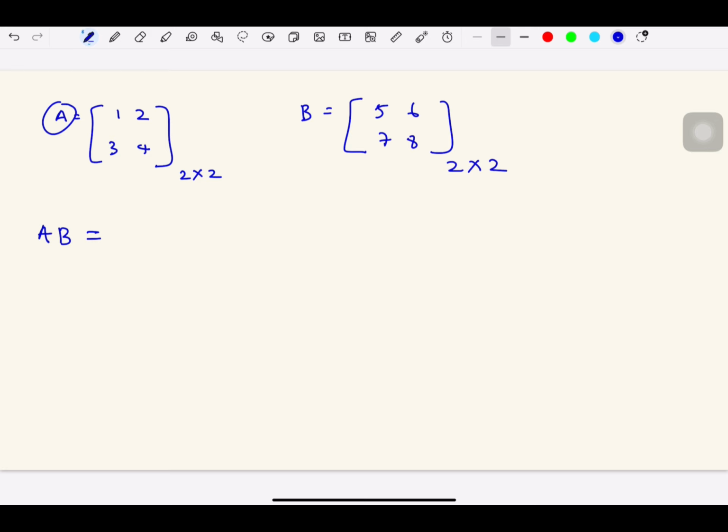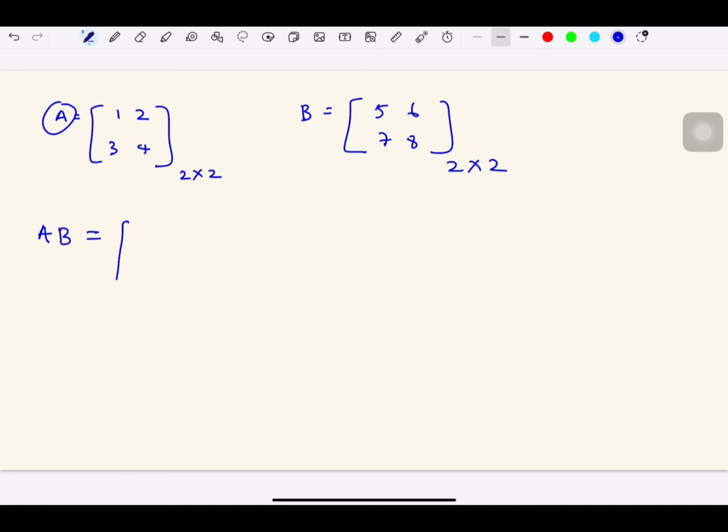Now let's compute the product AB. To find the top left entry, you multiply row 1 from A by column 1 of B. That means this is the first row of matrix A and this is the first column of matrix B. You multiply corresponding entries of the row and column, and then add them together.